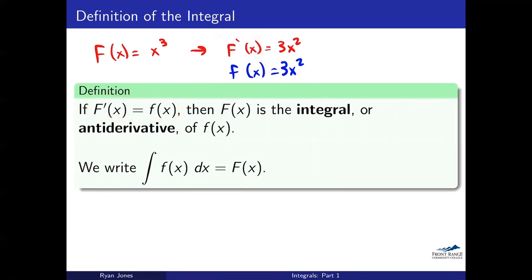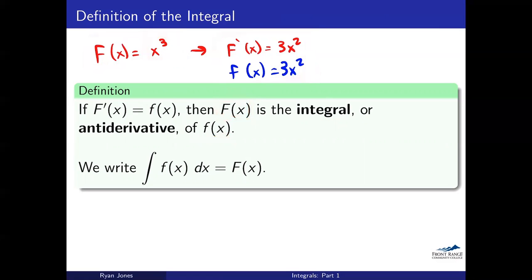Then what we say is that this capital F, this x cubed, is the integral of this little f. So basically, by making this connection between capital F prime and little f, it's just saying that the integral of little f is capital F right there.